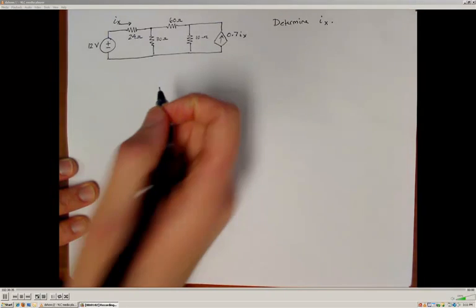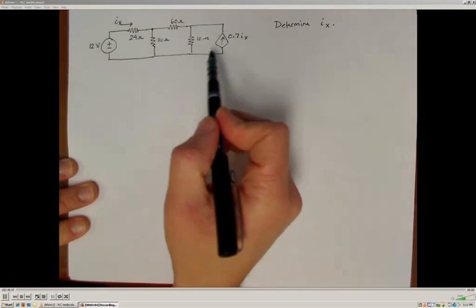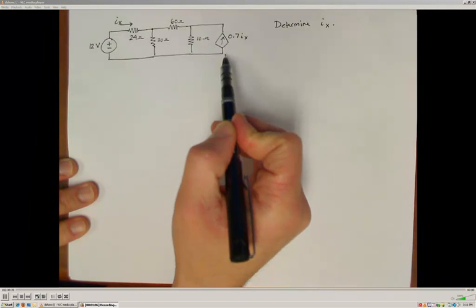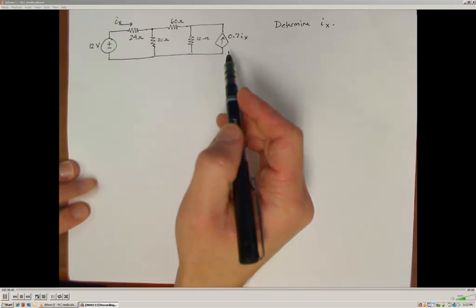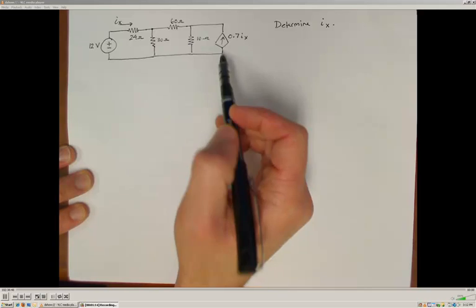So to begin with, the first thing that we can notice is that this 10 ohm resistor, which is in parallel with our dependent supply, can be transformed into a Thevenin equivalent circuit where we have a dependent voltage source.